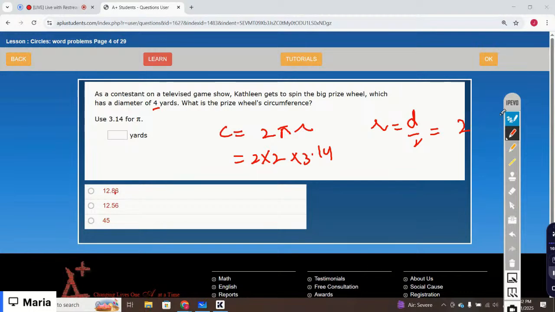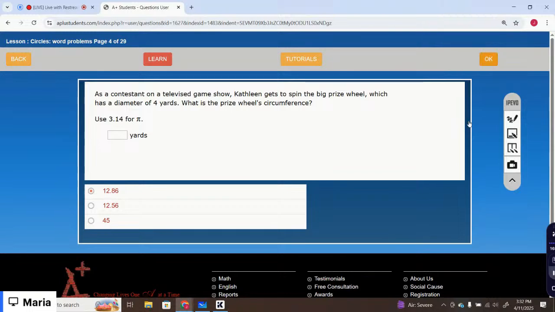That is 2. So 2 times 2 is 4, and 4 times 3.14 is 12.56. Option number 1 is the correct option.